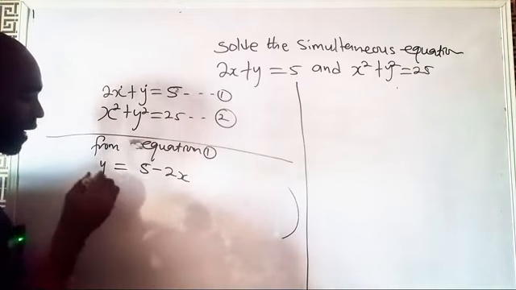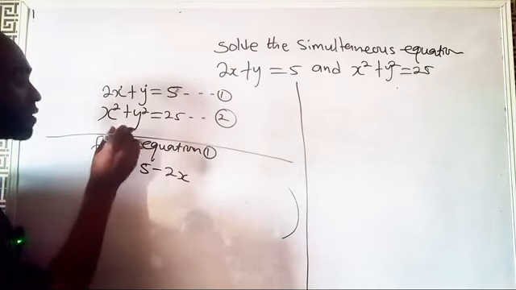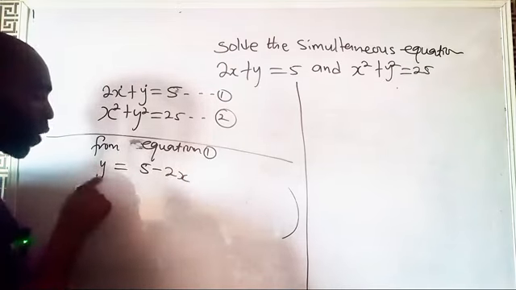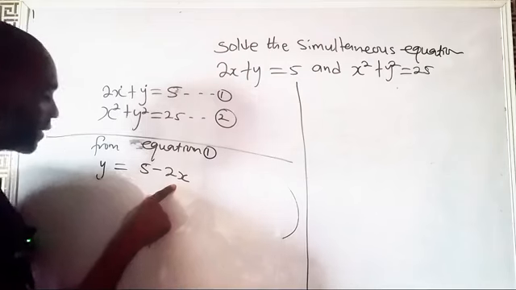Then now we have made y the subject. So from equation 2, wherever you see y, don't put y but write what? 5 minus 2x.